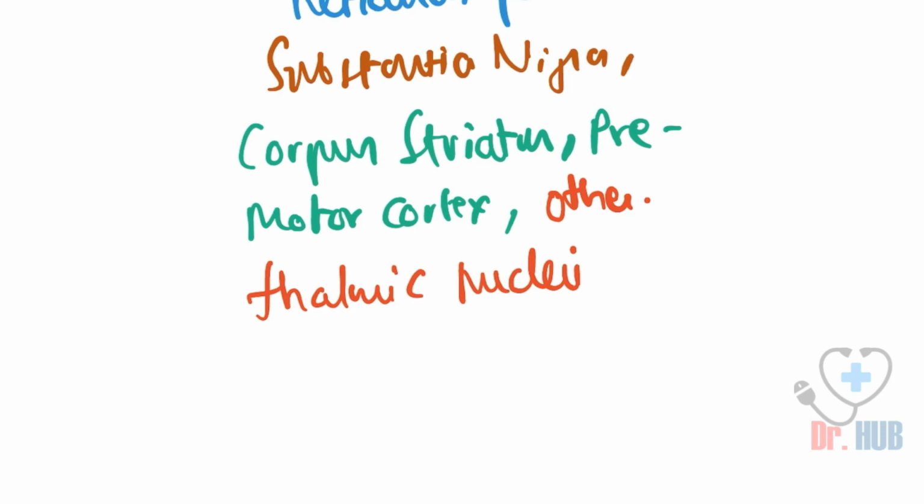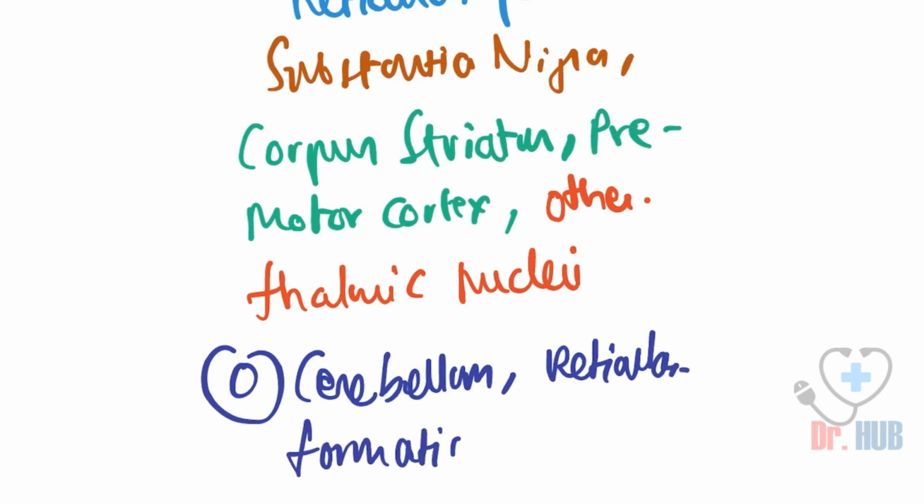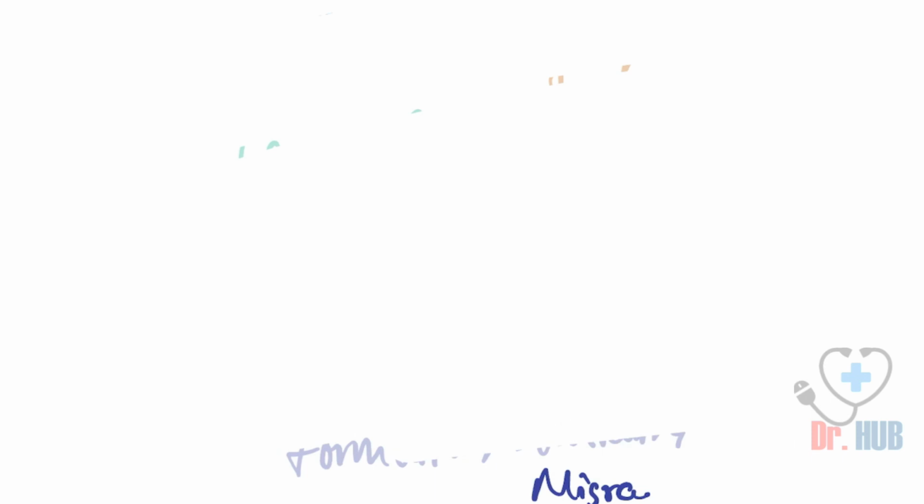Now we look at the output. What is the output of the ventrolateral? The output includes the cerebellum, the reticular formation, the substantia nigra, and also the CS, which is short for the corpus striatum.